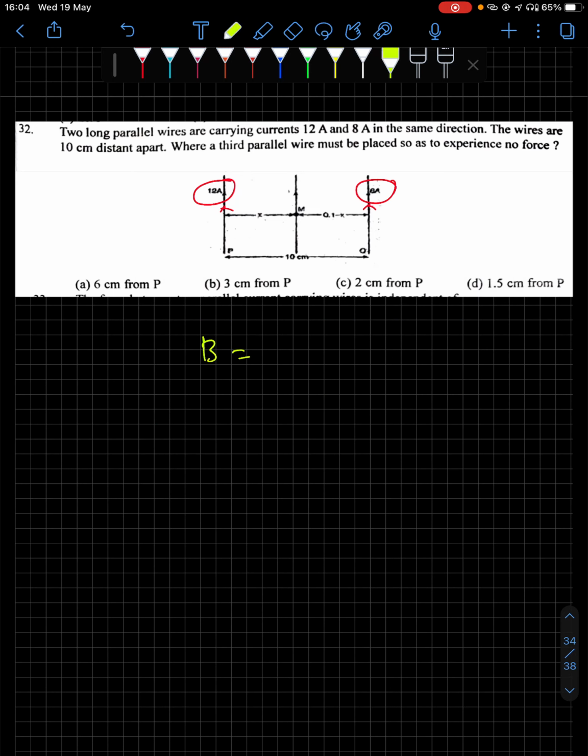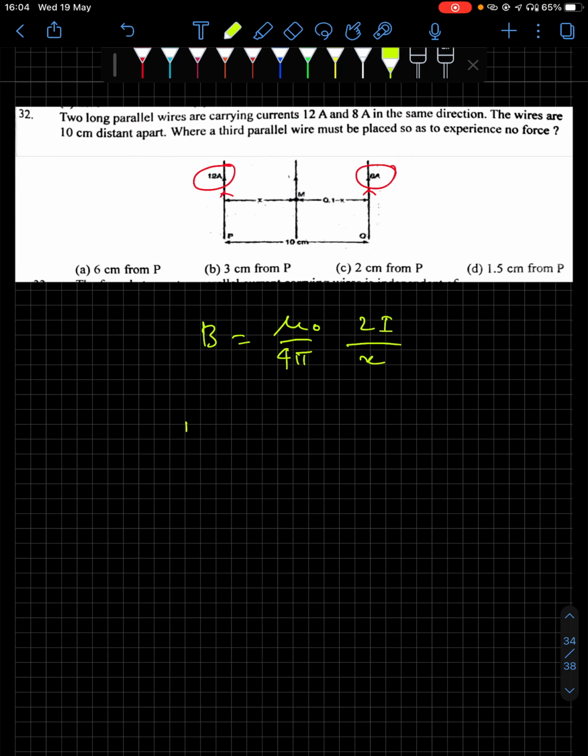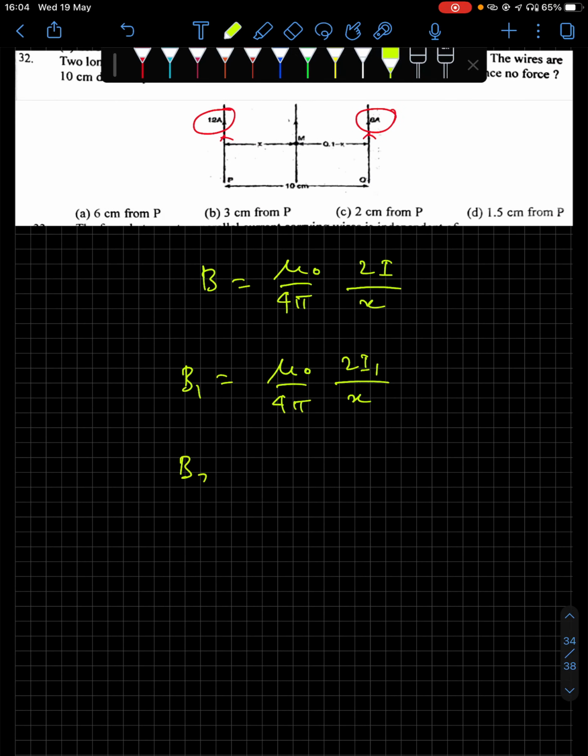The field due to an infinitely long wire is mu naught by 4 pi 2I by x, where x is the perpendicular distance of that point from the wire. So B1 will be mu naught by 4 pi 2I1 by x. B2 will be mu naught by 4 pi 2I2 by 10 minus x.